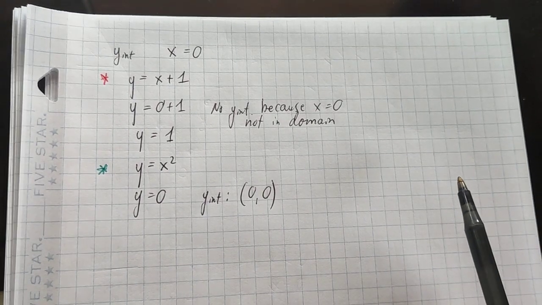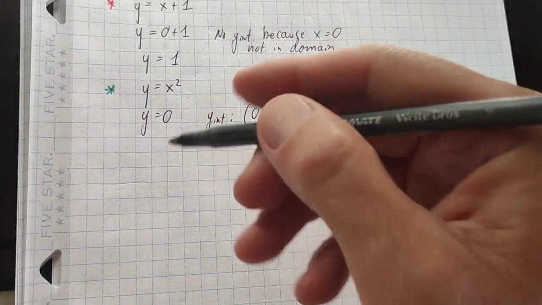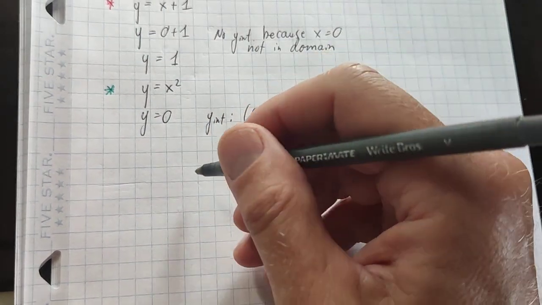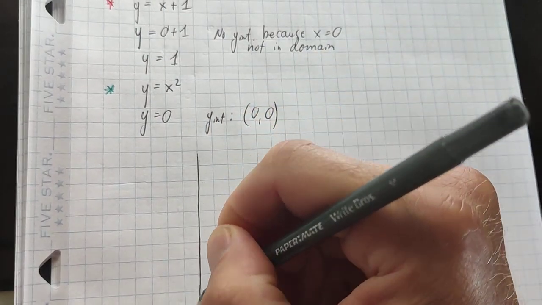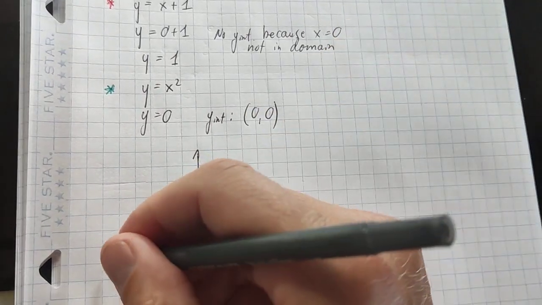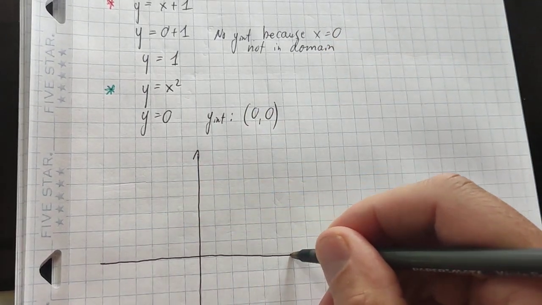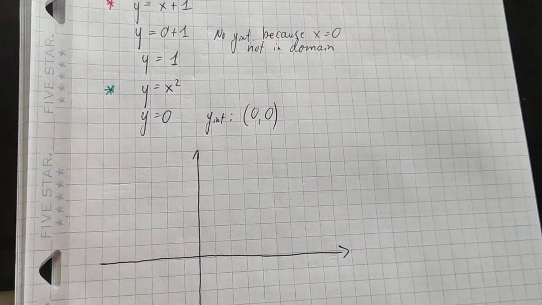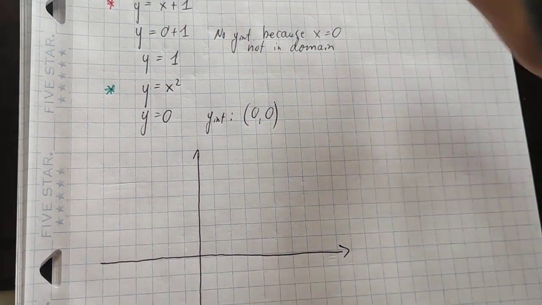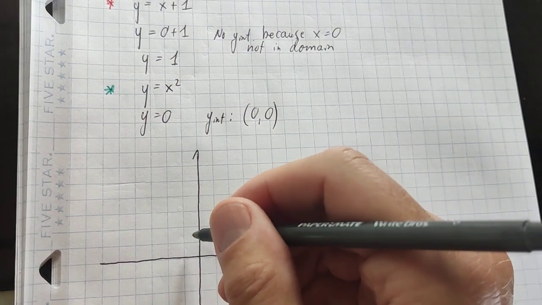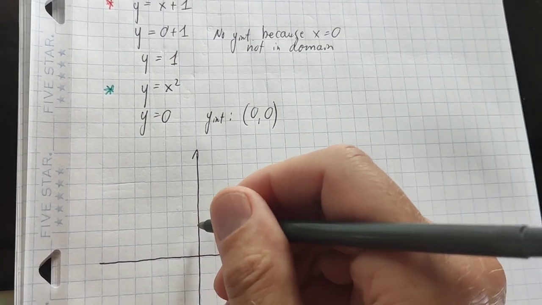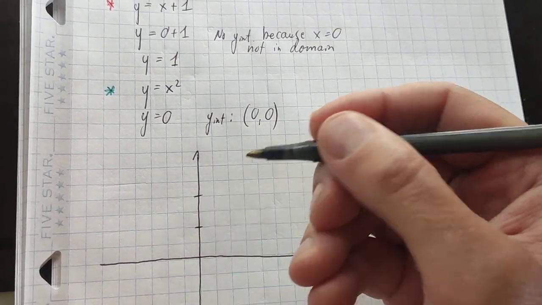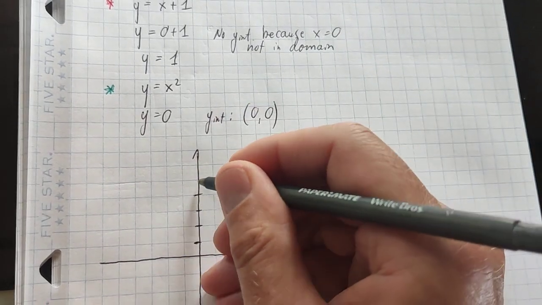Okay, so let's try to graph it and see how it looks. Okay, so we have two functions. One is just a straight line, x plus 1.